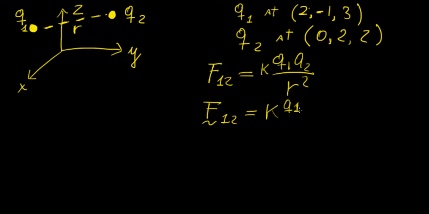The unit vector is not going to change the magnitude, but it is going to give it a direction, and the direction we need in this case is the direction that points from charge 1 to charge 2. So it goes like this.